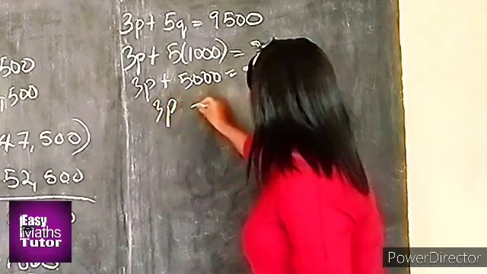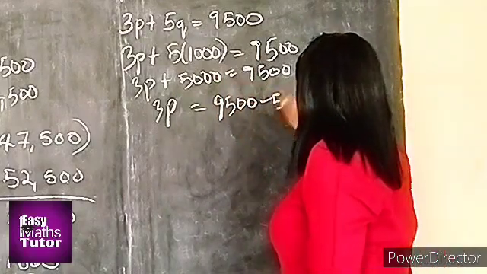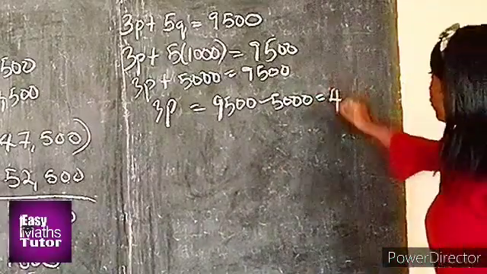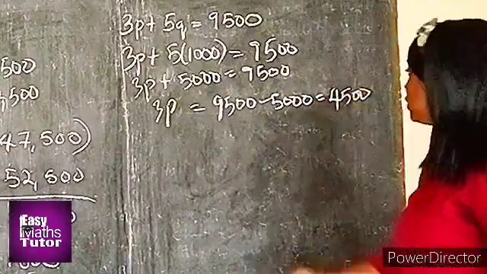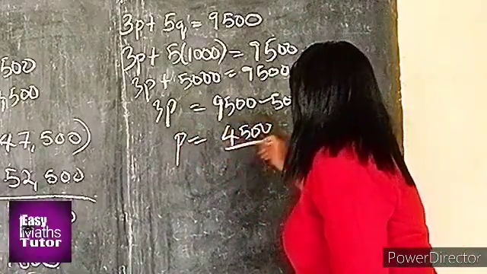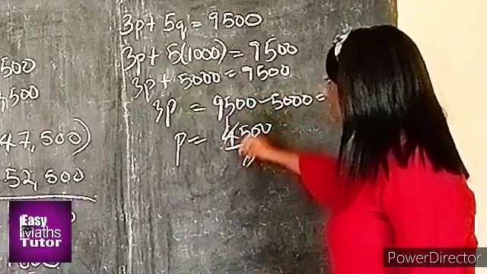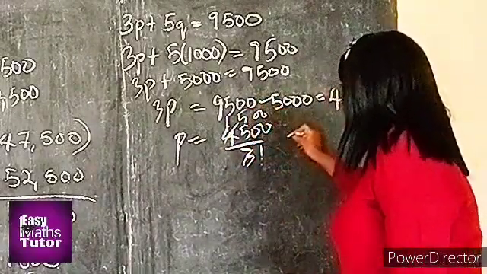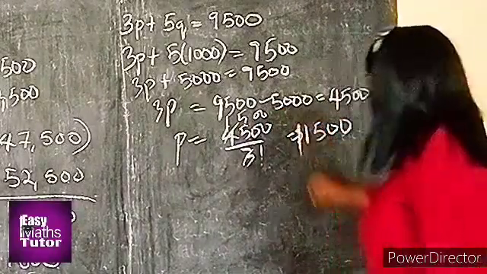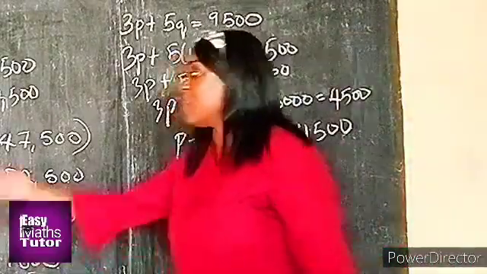So 3P is equal to 9,500 minus 5,000, which will give us 4,500. Therefore, P will be 4,500 divided by 3. If we cancel 3, we get 1,500. So the men paid $1,500 each. So we've gotten our first problem.